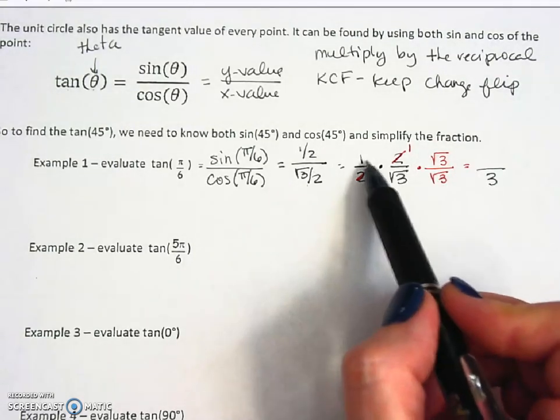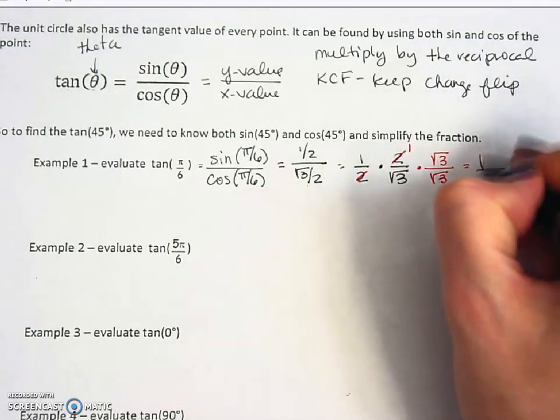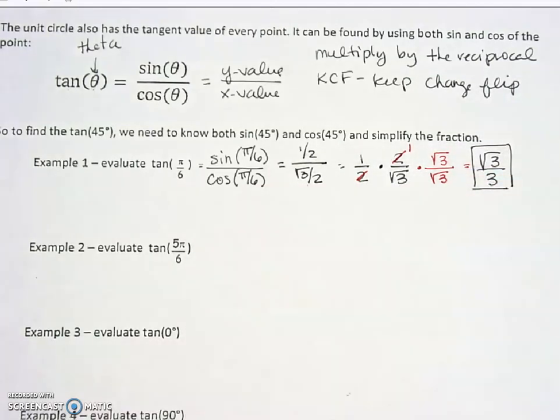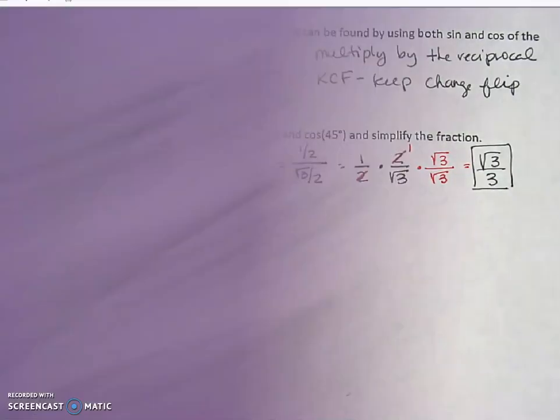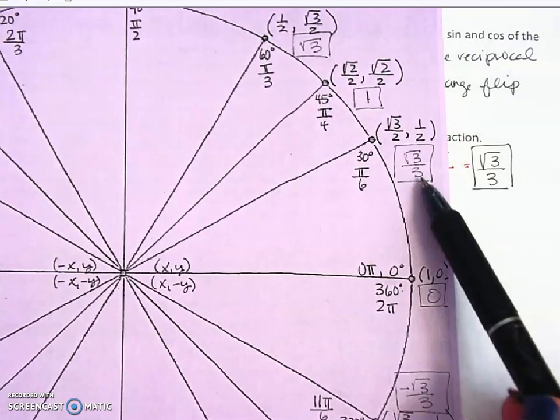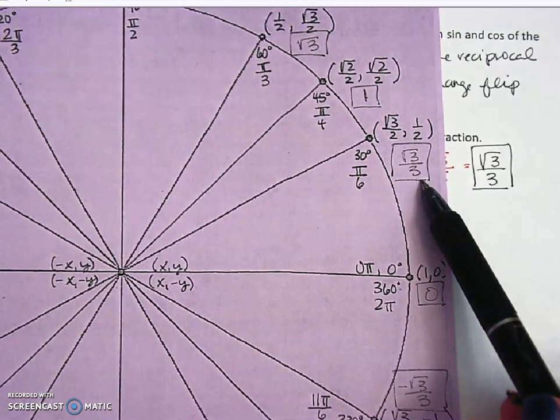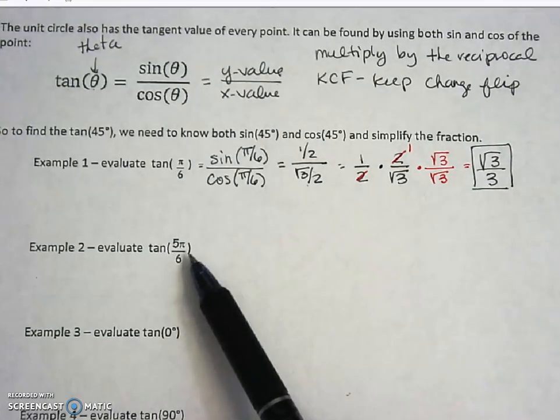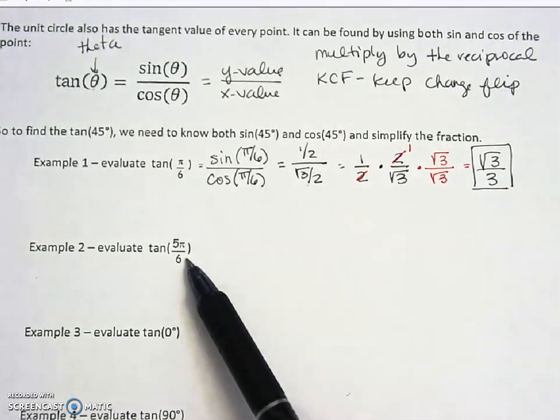And on the top, I have 1 times rad 3, which is just rad 3. So that is the tangent value at pi over 6. So if you look on your unit circle that I gave you, that value is boxed right there, rad 3 over 3. So I want you to pause the video, and I want you to try this problem, tangent of 5 pi over 6.